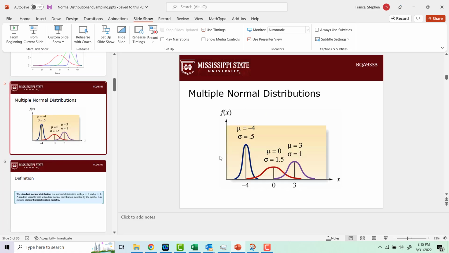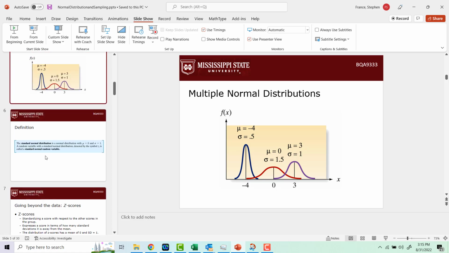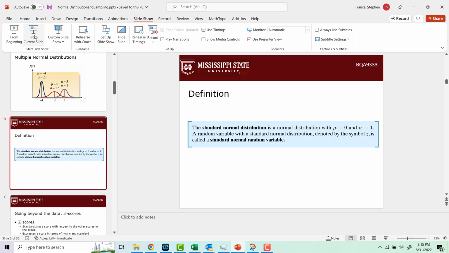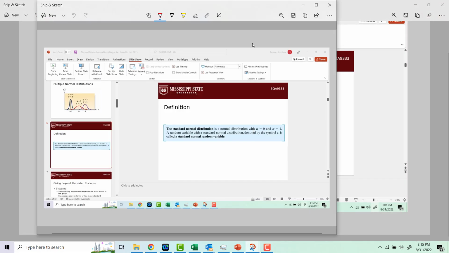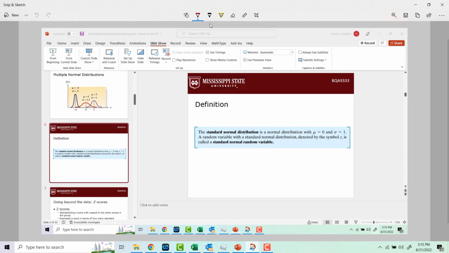And here's an example from one of the books, again, just showing three different normal distributions on one scale. Now, what we can do is create what we call a standard normal distribution. And this is a normal distribution with a mean of 0 and a sigma of 1.